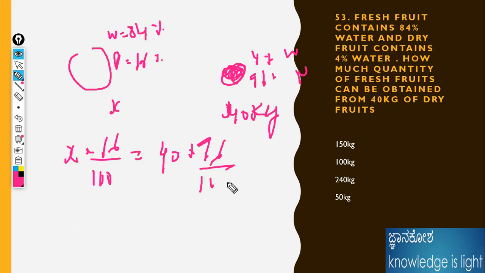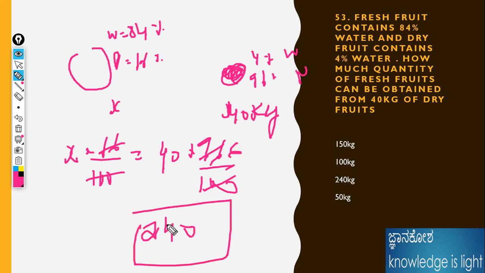So 100 cancels, 16 times x... 4 times 6 is 24, 240. Understand? 240 kg of fresh fruit is obtained from that. Among that, 40 is dry fruit. The answer is 240 kg for this question.